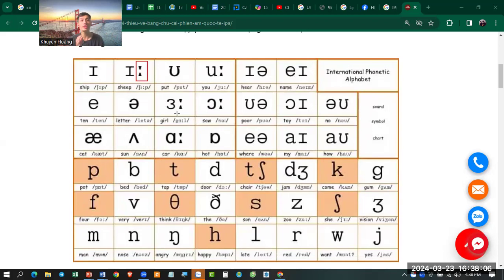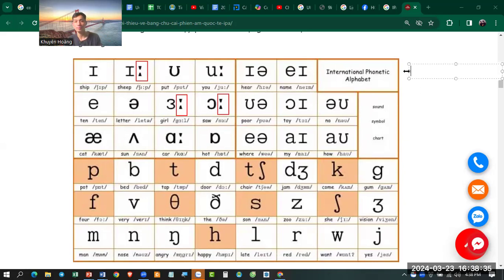Commonly, if you put the stress, like the stress in English in the word September, the stress is at the second syllable. So commonly with the long sound like this, we have the stress on that sound.